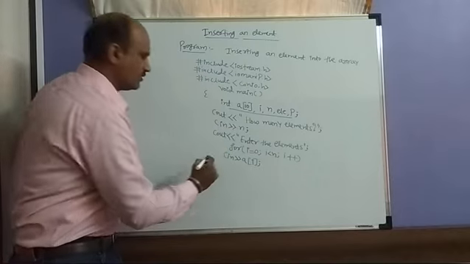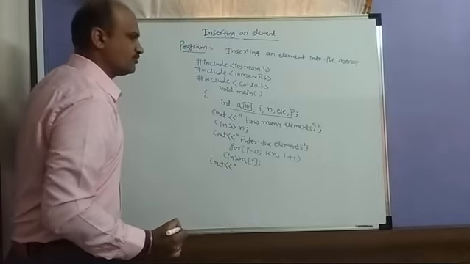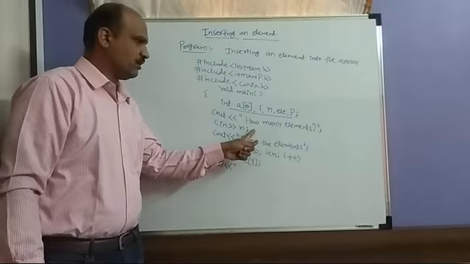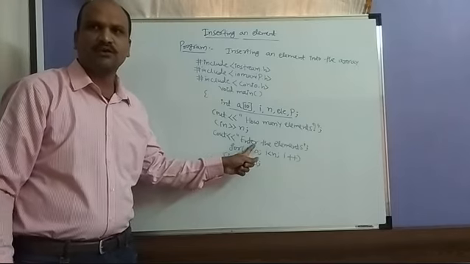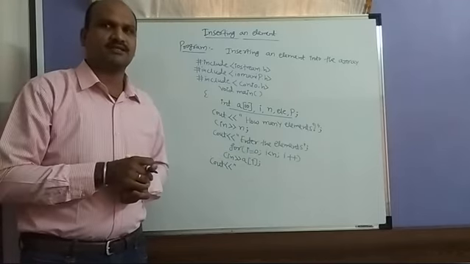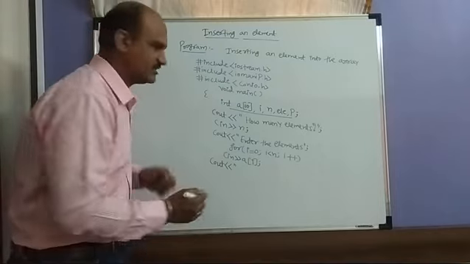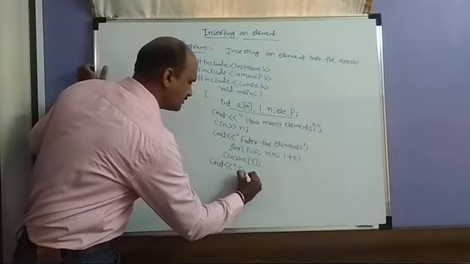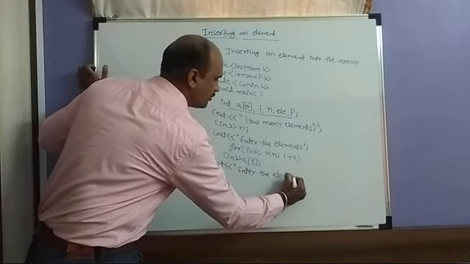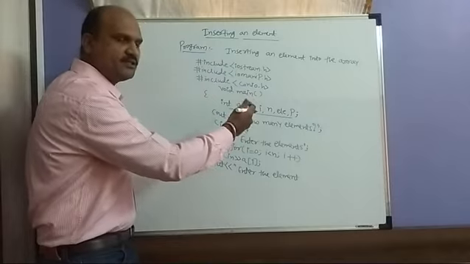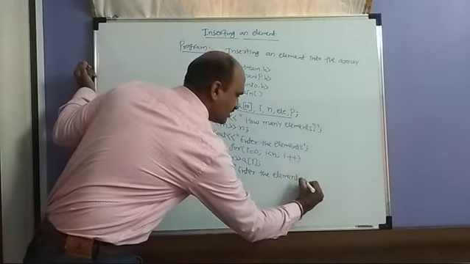Then what I have to do? Cout again. So here all the elements are read. Now which element should be inserted? Okay. So which element should be inserted? That is, enter the element. As I told you in the previous example, 30 is the element which you are inserting. Here, enter the element to be inserted.